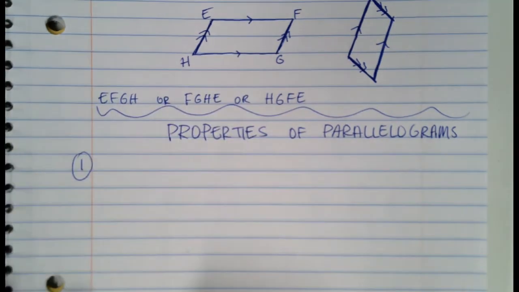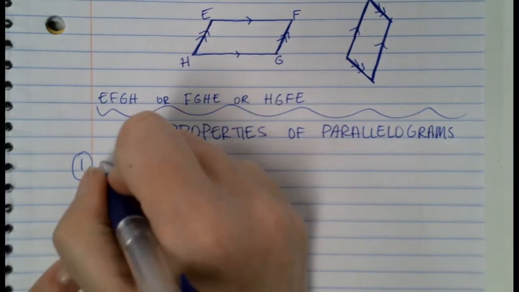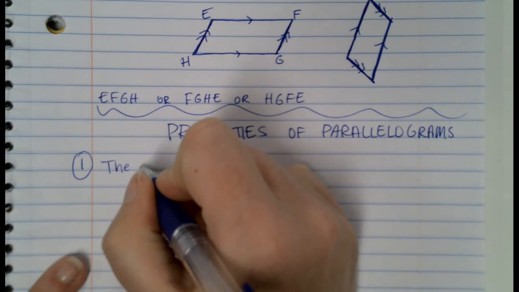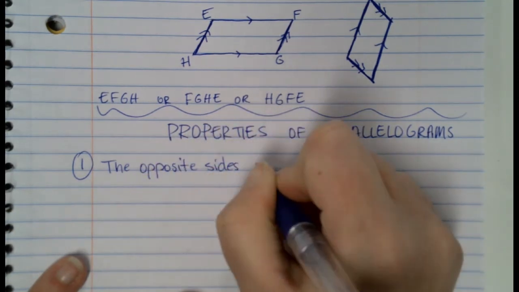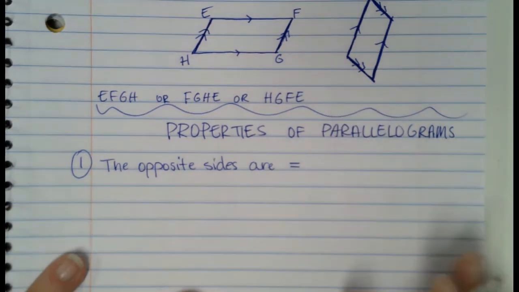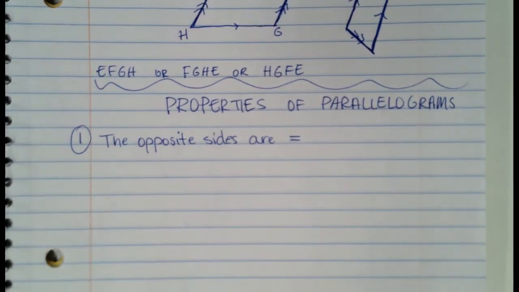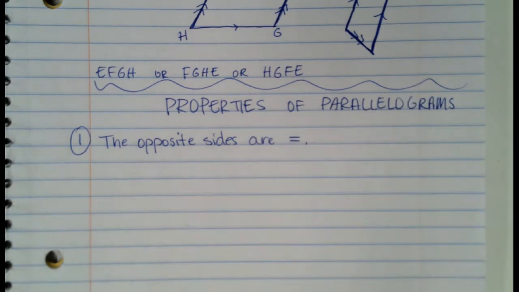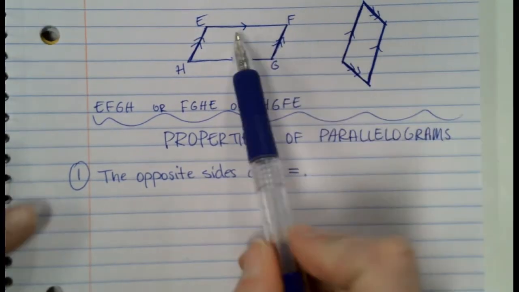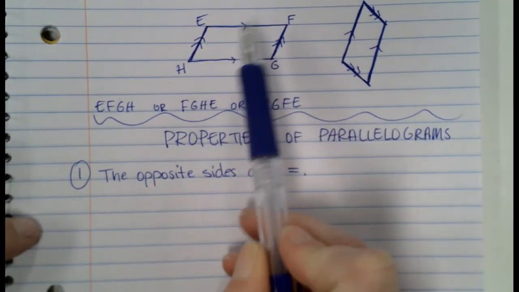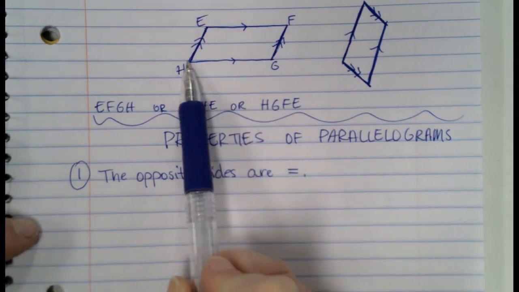The first one. The opposite sides are equal in length. I'm just going to put are equal. That's a pretty easy one to remember, because if you look at this parallelogram up here, does this side and this side look to be the same length?